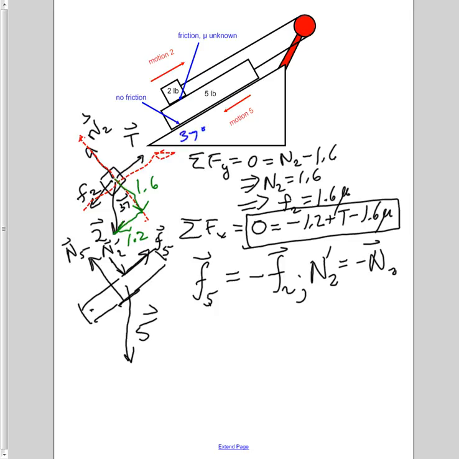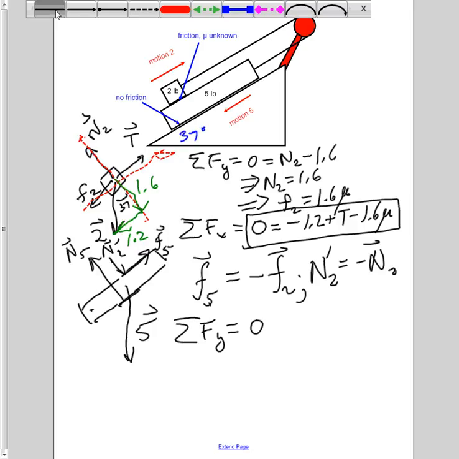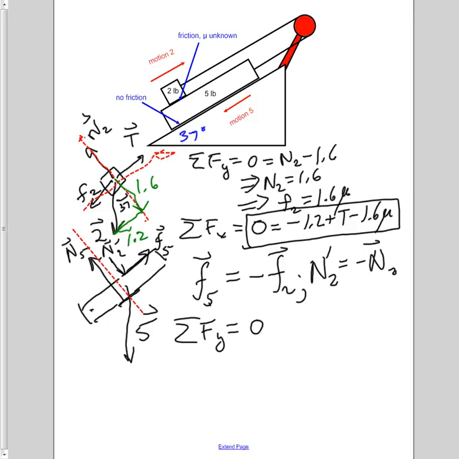Now I'm ready to write the sum of the forces in the y direction. Better choose a coordinate system first, I guess. Let's choose a y-axis like this and an x-axis like this, as you would expect.